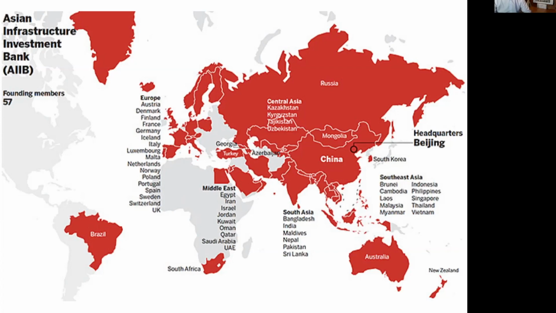And if you look at the organization, what we can see on this map is that many countries participated, including actors like South Korea, most European countries, Brazil, Australia, not the United States, not Canada, and not Japan, but even those countries left the loophole open that they would be able to join at one point if the organization becomes powerful enough.